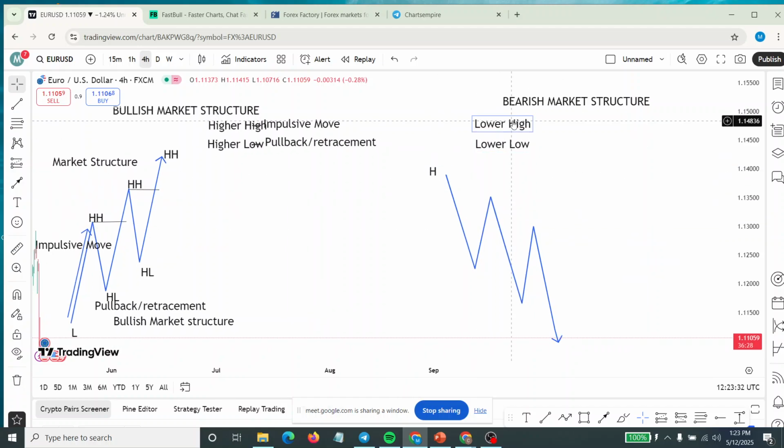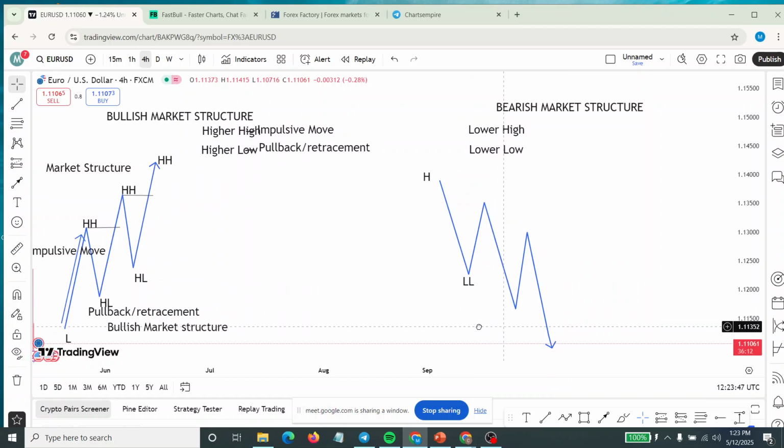So this high now, we can now say we are now seeing a lower low. And if we see a lower low, we want to see what? A lower high.